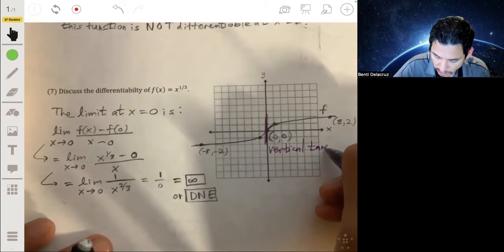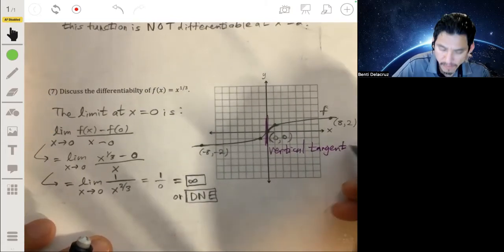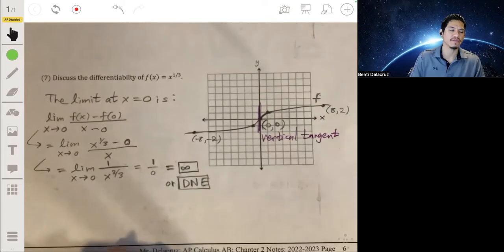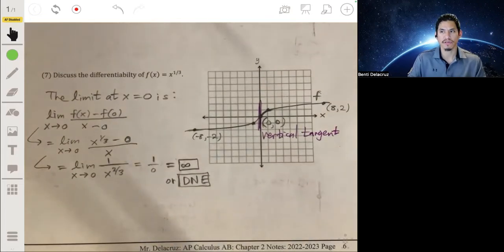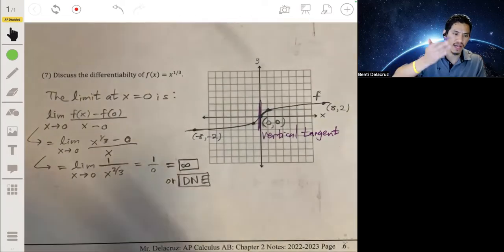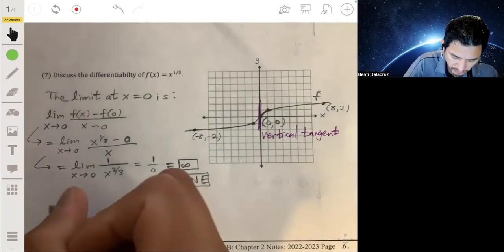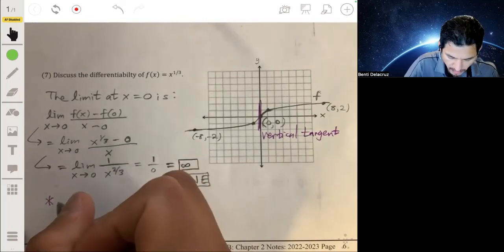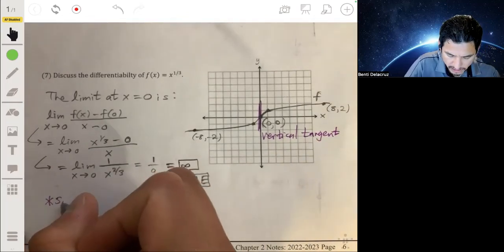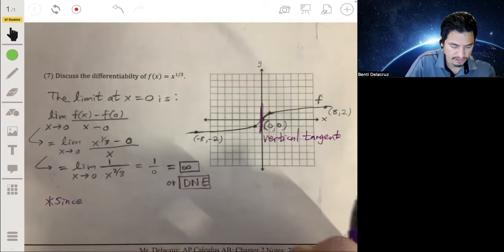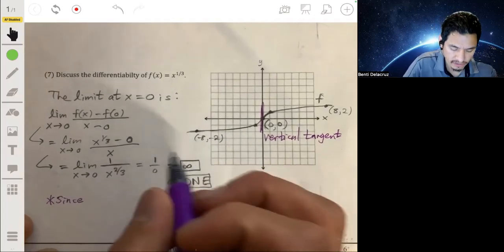Because as we can recall from the previous math lesson, when we were taking the slope of a ratio where you were dividing by 0, it was because you had a vertical line, y equals or x equals something. So we just basically say that since there's a vertical tangent at x equals 0, the function is not differentiable here.